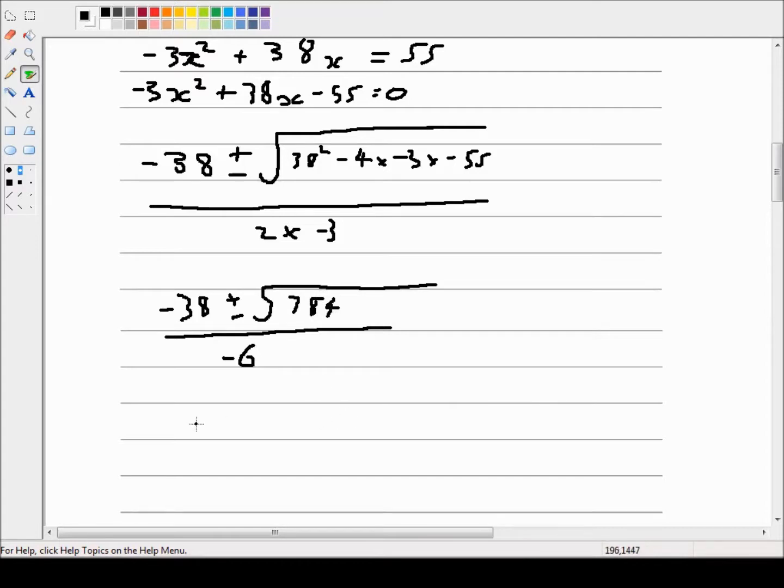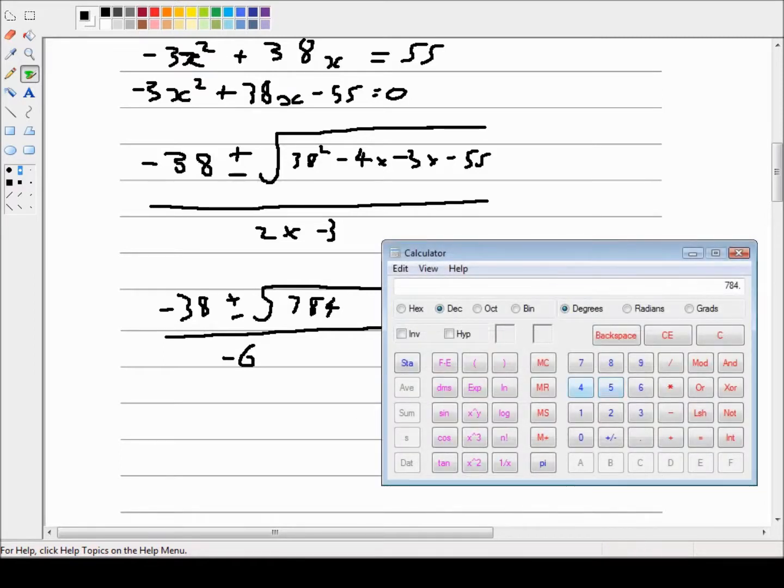Okay, so now I'm going to square root the 784, add it to the negative 38 and divide by the negative 6. So I've got my calculator, so I'm going to find the square root. Oh, that's nice. That's just equal to 28.